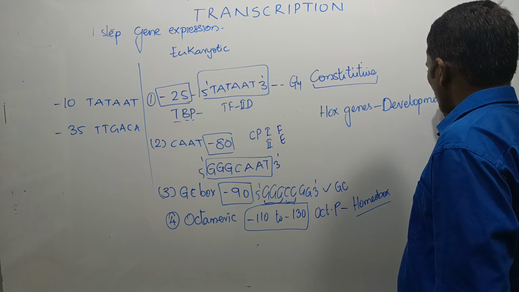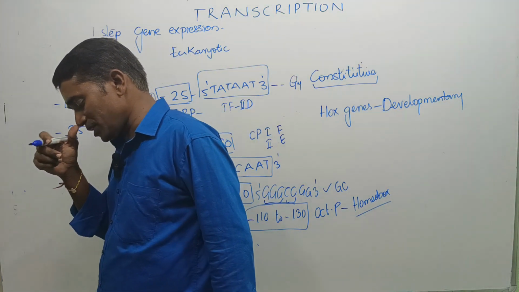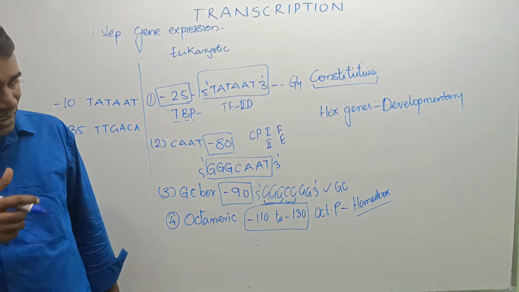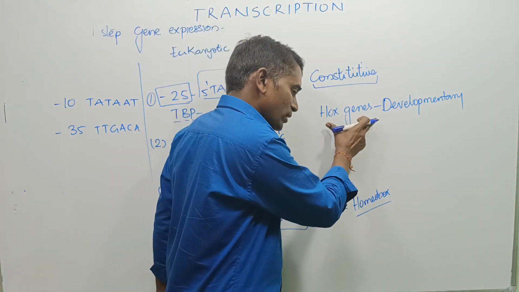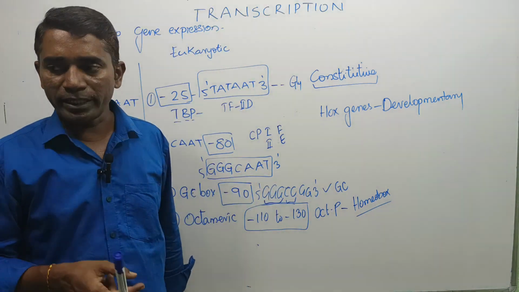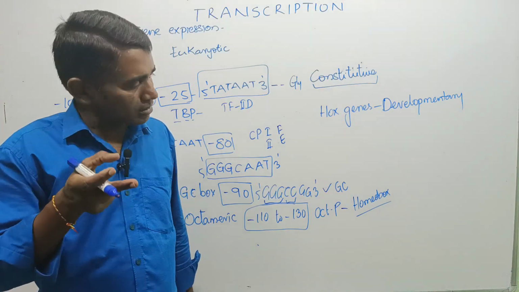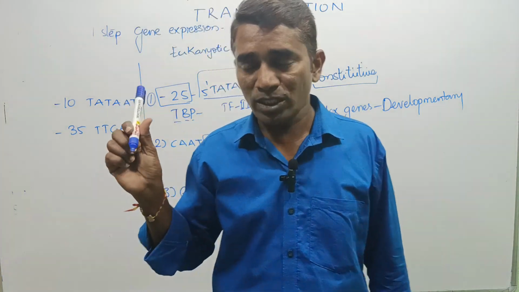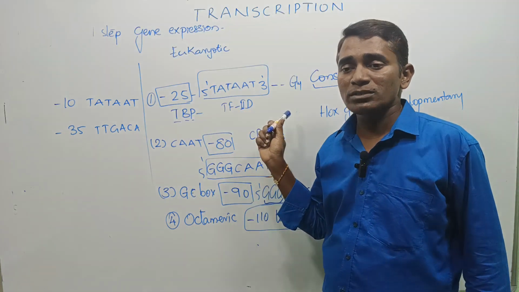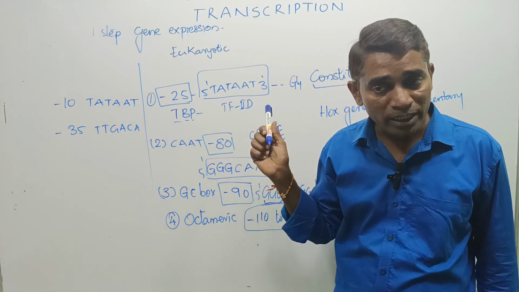They are involved in axis specification, polarity determination, etc. At the time of embryonic development, usually these genes regulate embryonic development. These are called homeobox because these are similar. They are having some consensus sequence. Almost there are 13 such. So therefore it is homeobox. These are usually involved in developmental regulation.